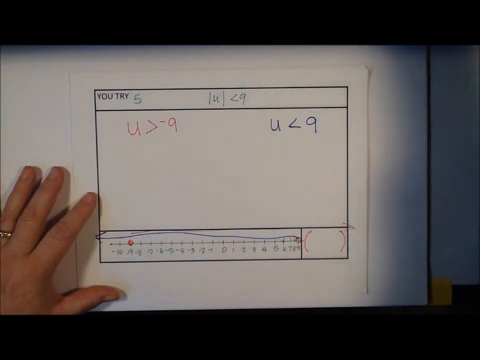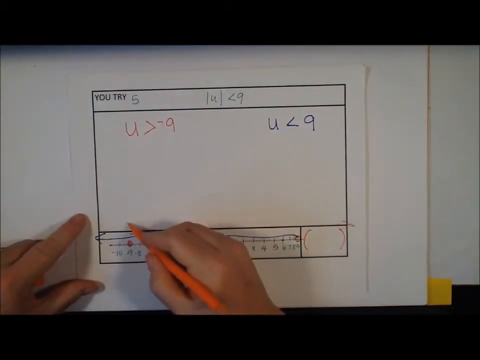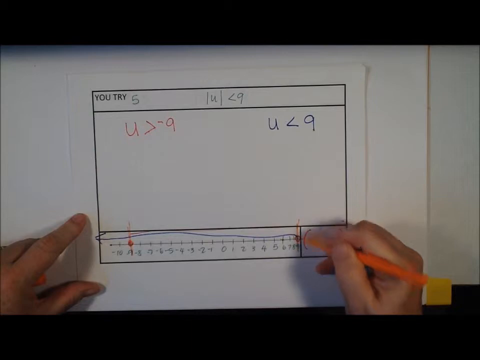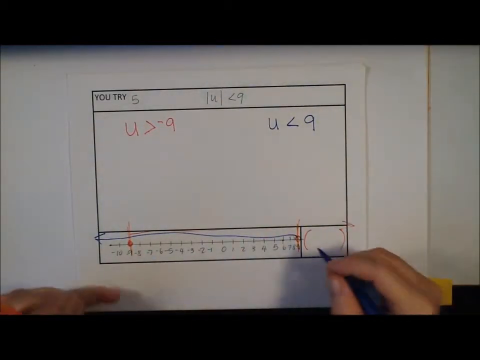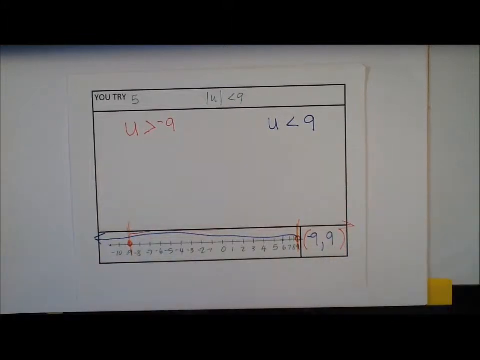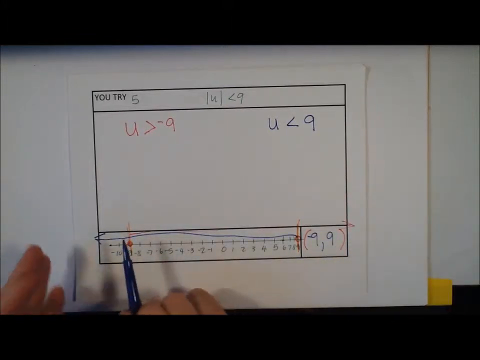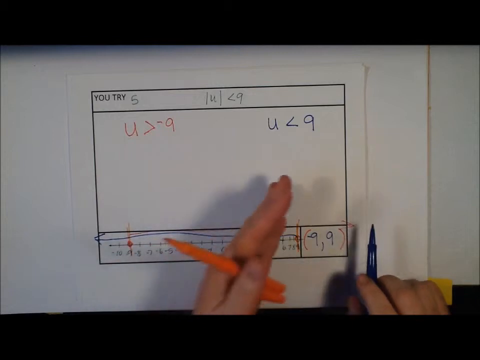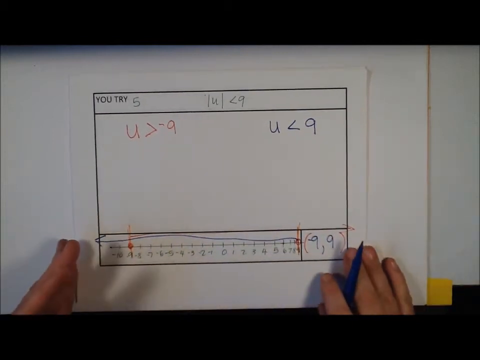But we have to have them both. So it's the numbers that lie between that and that. So my answer would be negative 9, comma 9. And again, anything out here won't work, and anything out here won't work.